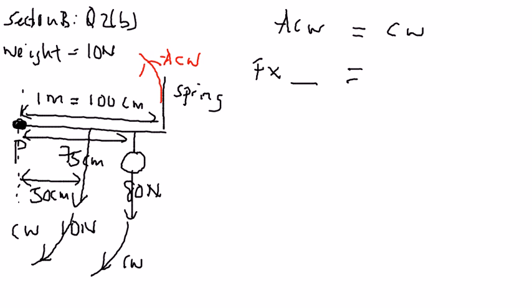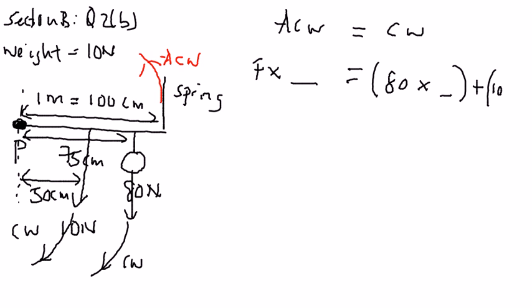And for the clockwise moment, you have to add the two clockwise moments together to solve this problem. For example, the first clockwise moment we start from is the 80 Newton. Then you multiply the force, 80 Newtons, by the perpendicular distance from the 80 Newton to the pivot. And then you add another moment, which is from the 10 Newton.